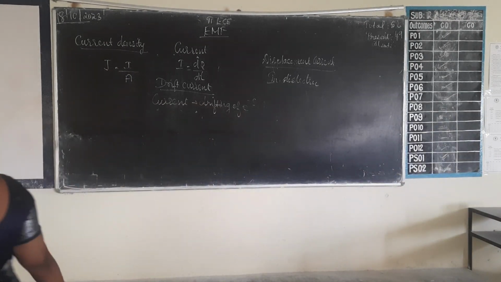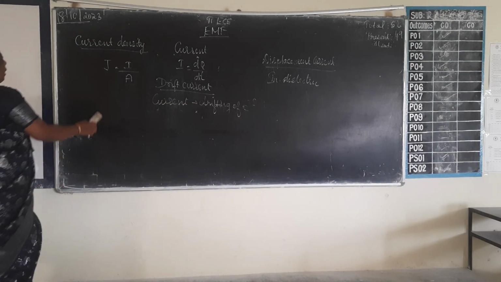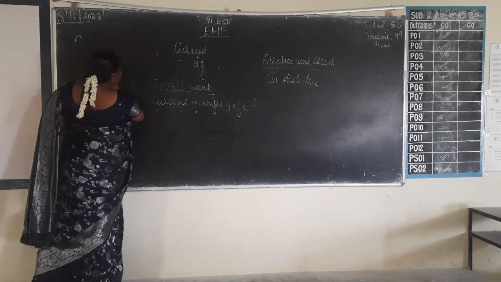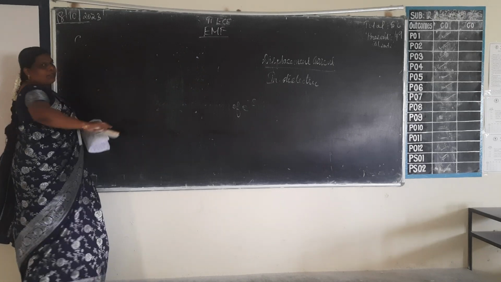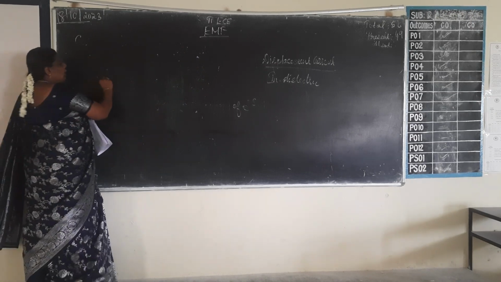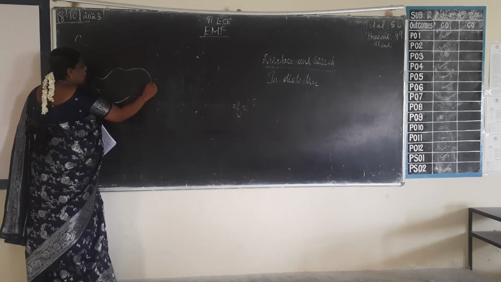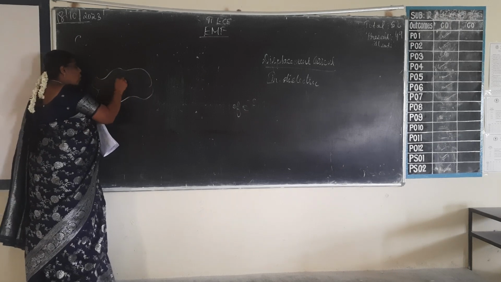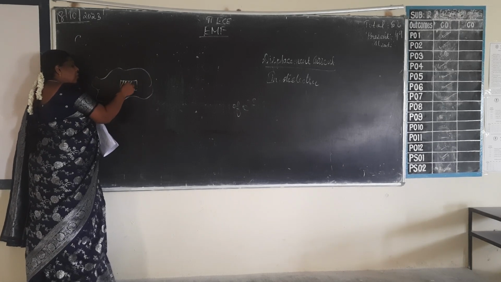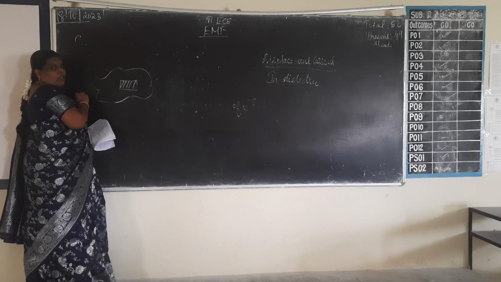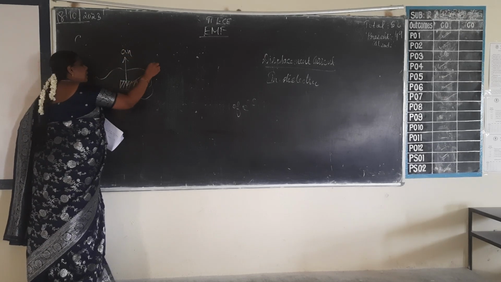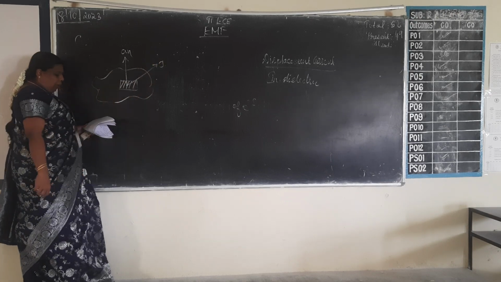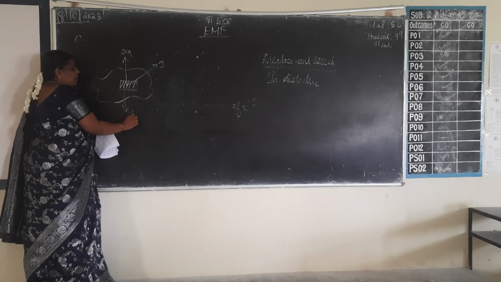So imagine there is a surface area here, and you are going to consider a small area, so let us have it as ds. For this, you can say that this will be your unit vector and J will be your current density, and this surface is given as ds.